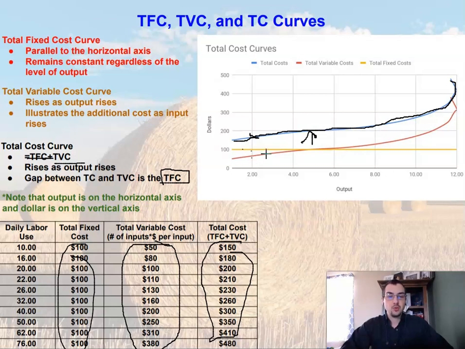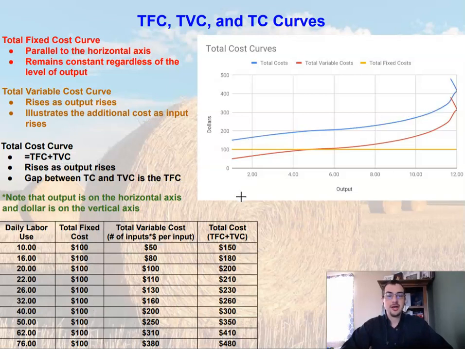But the gap between the total variable cost and the total cost is equal to the total fixed cost. And again, I want to draw your attention to how this graph is laid out. On the horizontal axis, you have output. On the vertical axis, you have dollars. So just be careful and pay attention to that as you're drawing these graphs.